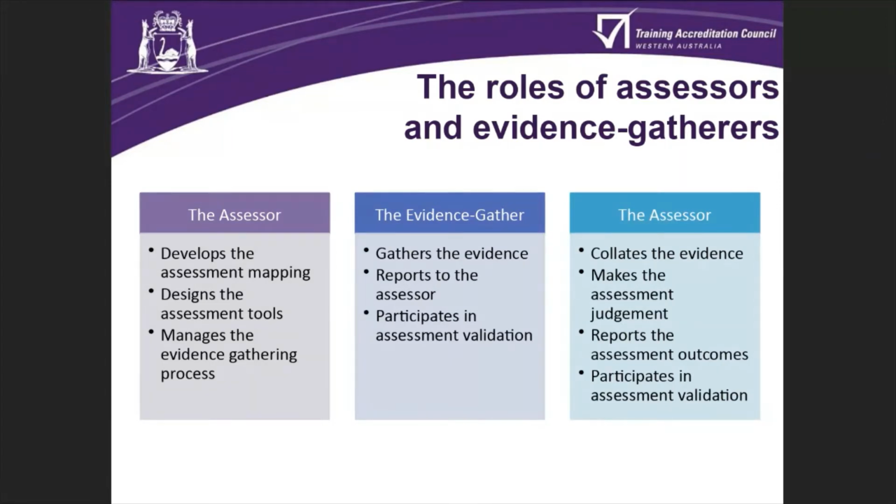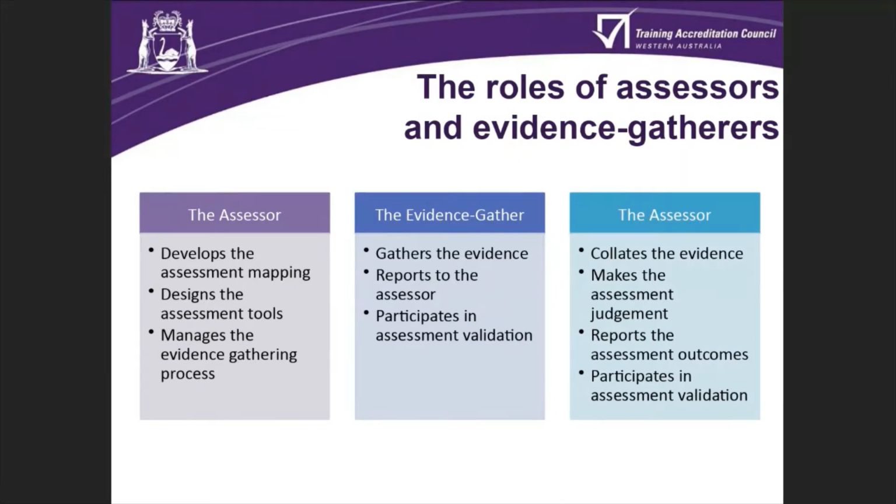So what we're saying, though, is that when we come to developing our assessment system and our assessment policies, we need to make sure that we have qualified assessors doing the development and the design and management. We need to make sure that we have qualified assessors in our policies and procedures who collect the evidence, and by that I mean collate the evidence, make the assessment judgments, report and validate.